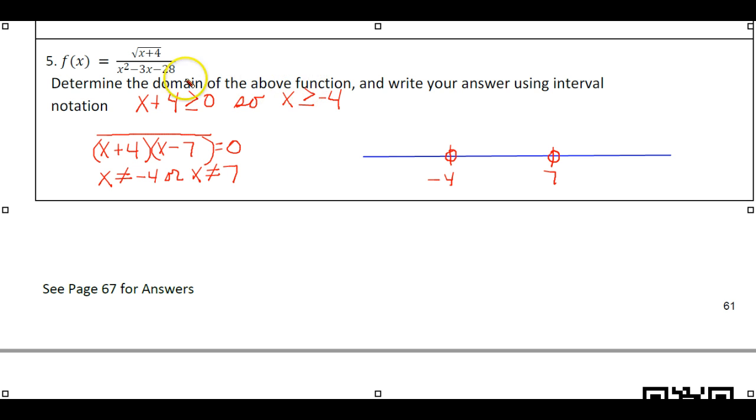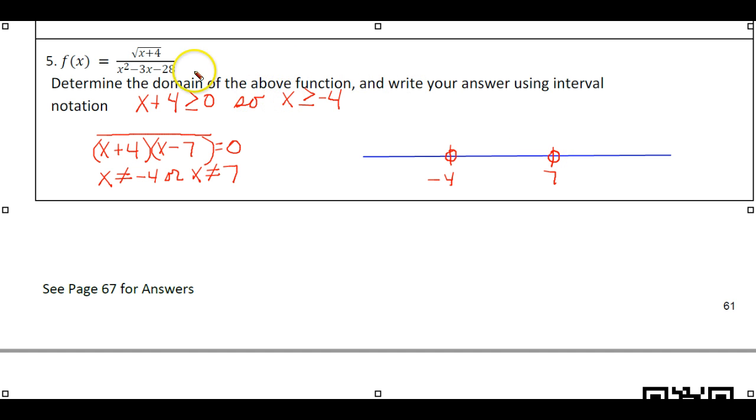So in putting what we have here on a number line, just to start to sketch it out, we're saying that x cannot be a -4. So we put a hollow over -4. X cannot be a 7. So we put a hollow over 7.